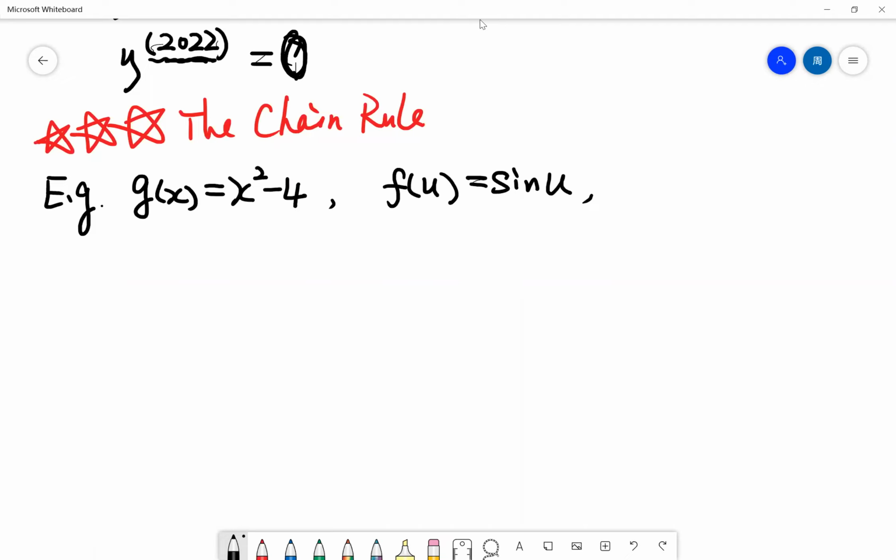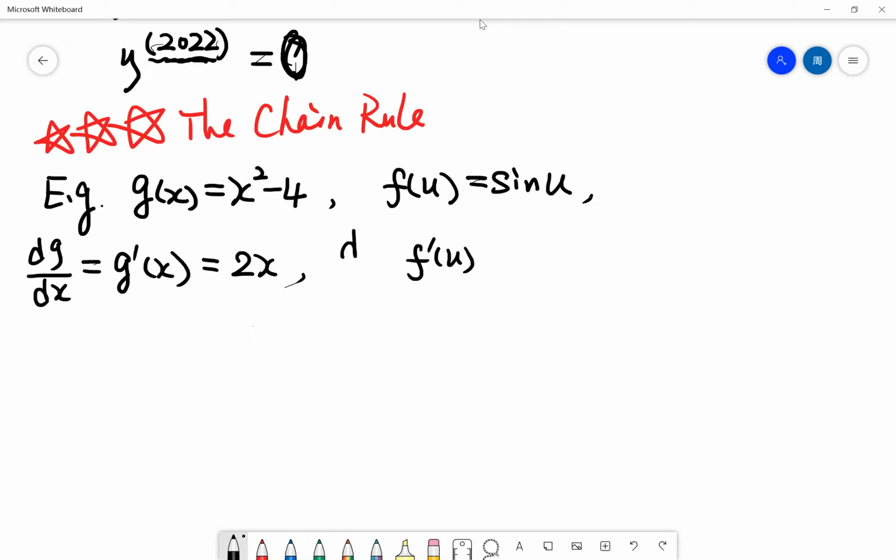So all of us know that g prime, or you can write dg by dx, equals 2x. And we know that f prime, or you can write df by du, because the variable here is u, so df by du equals cosine u, right?